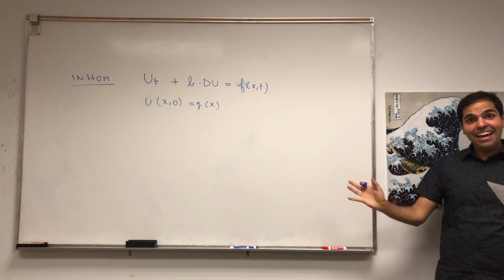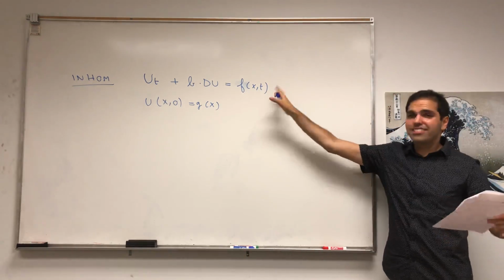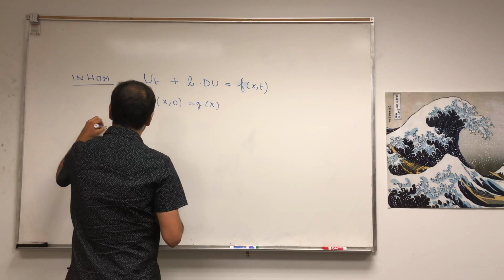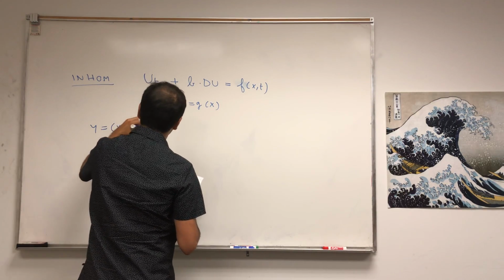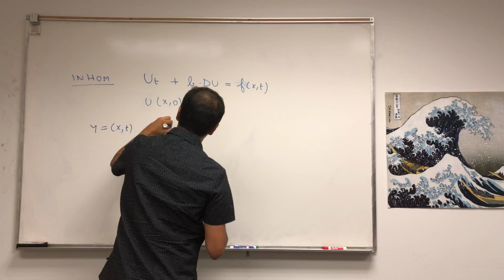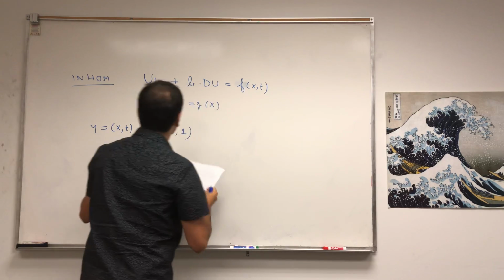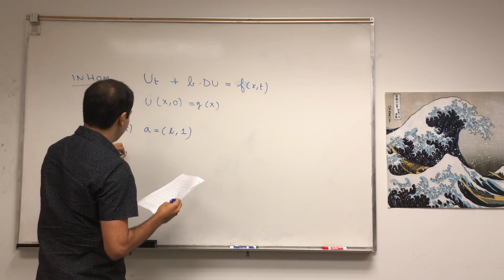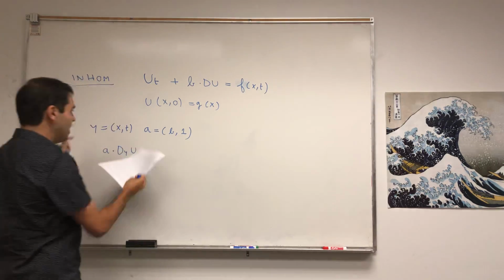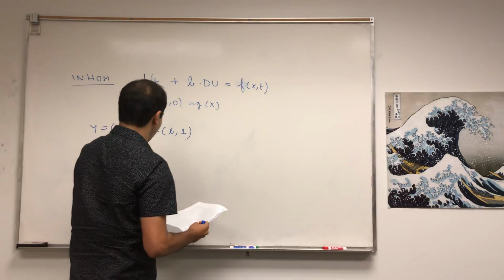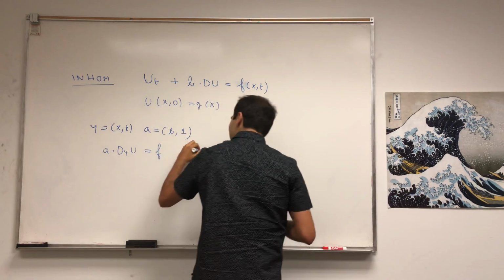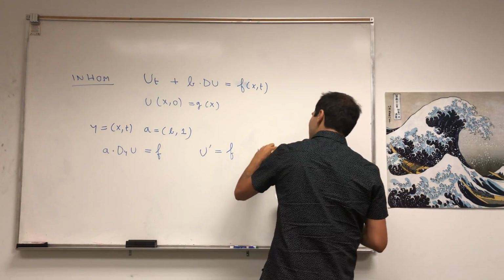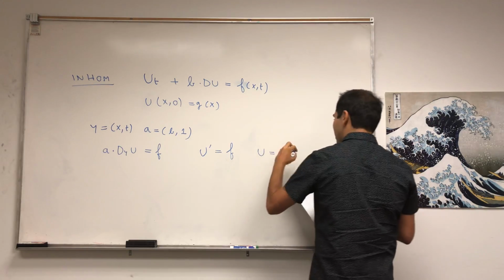Well, again, if we use this trick of letting y to be x comma t and a to be b comma 1, then you can transform this into a dotted with the y derivative of u equals f, which sort of tells you that u prime equals f, so u should be the integral of f.